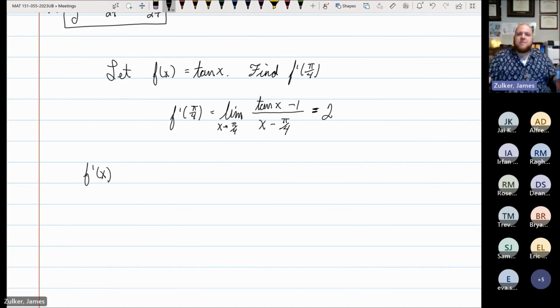So some f prime of x, which would then allow us to plug in our x value. Right? So that is what we look at next, defining the derivative function.